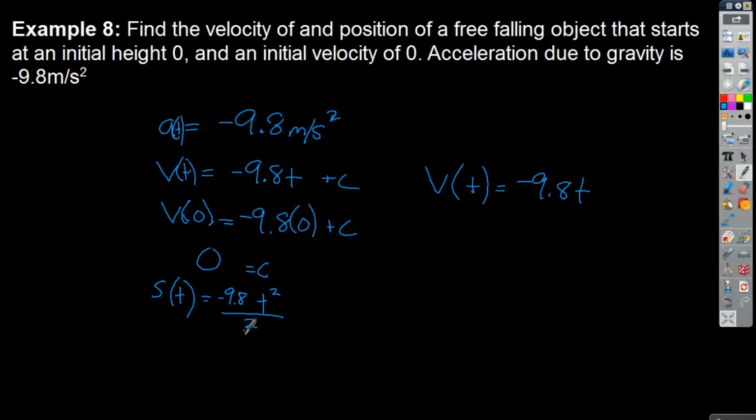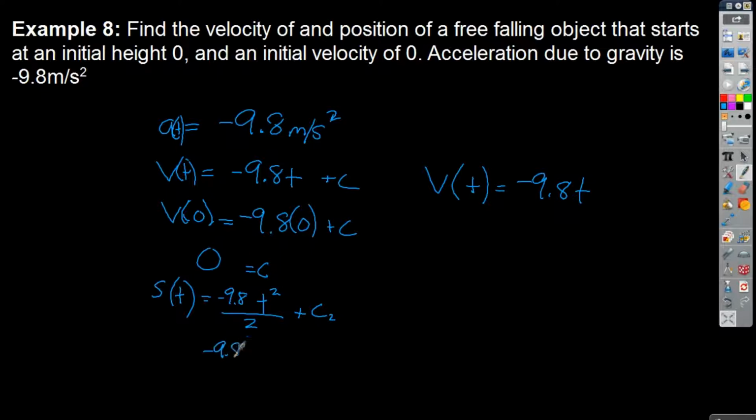I could simplify that some. Oh, and I do have plus c still. And I'm going to call that c2. Since I already used c before, I don't want to get them confused. Let's simplify that to negative 4.9 t squared. So I'm going to find again, what is the initial velocity? It's going to be the same thing here.